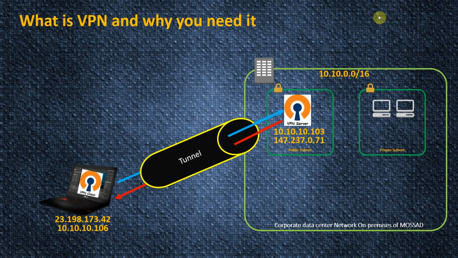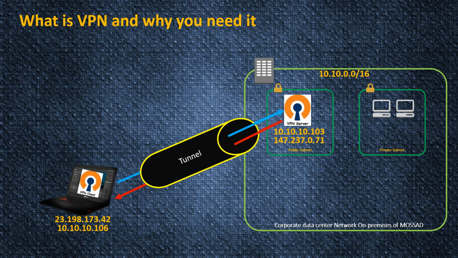Also, people sometimes use a VPN for privacy, to hide your public IP address. So you start browsing the internet not using your IP address, but using the IP address of the remote network VPN server. So this is how a VPN works and why maybe you need it.